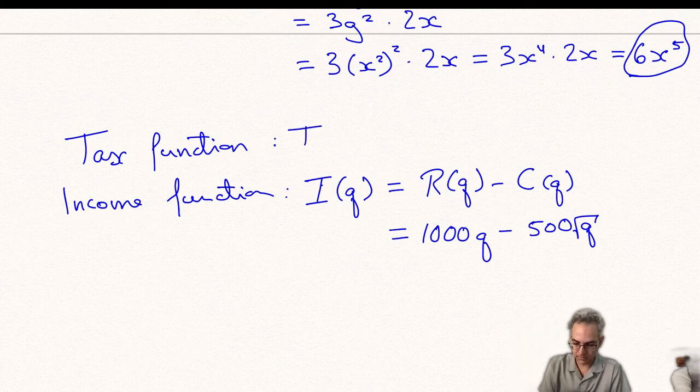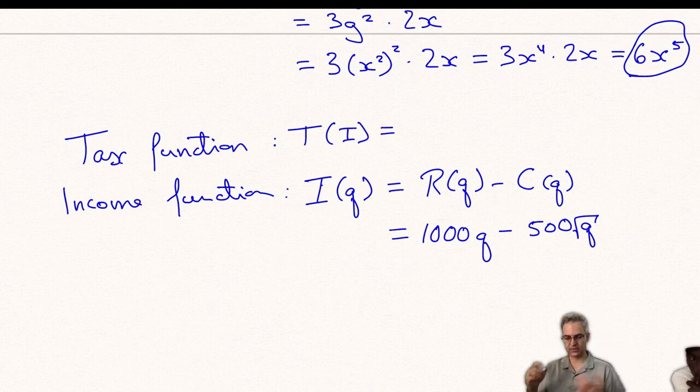So the tax function is a function of income, and what do you think the tax function might be? How does the government decide how much tax you pay given your income? So let's say your income is 1 million kwacha.